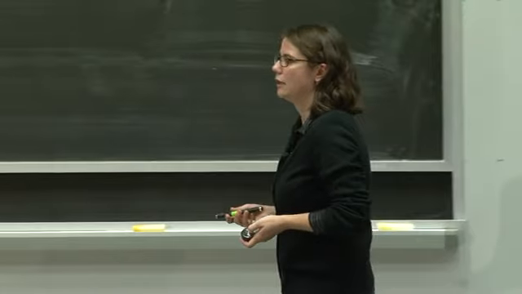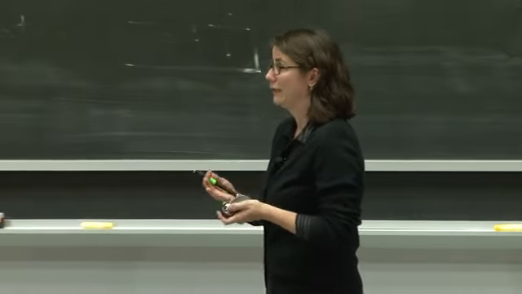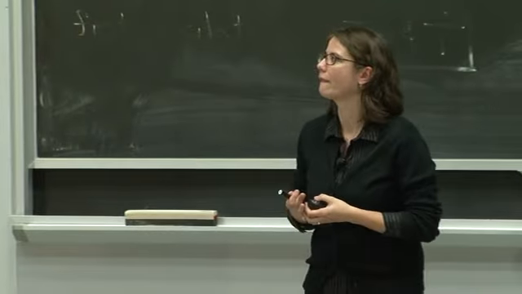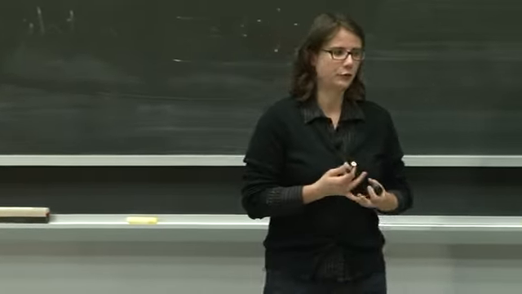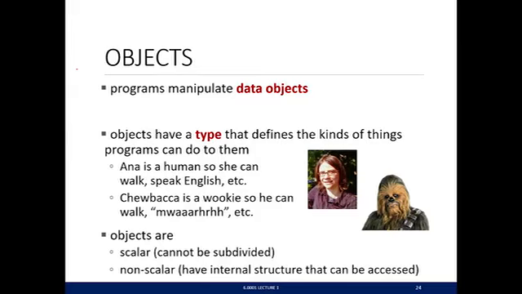Okay, so once you have these Python objects, everything is an object in Python. There are actually two types of objects. One are scalar objects. So these are very basic objects in Python from which everything can be made. They can't be subdivided. The other type of object is a non-scalar object. And these are objects that have some internal structure.